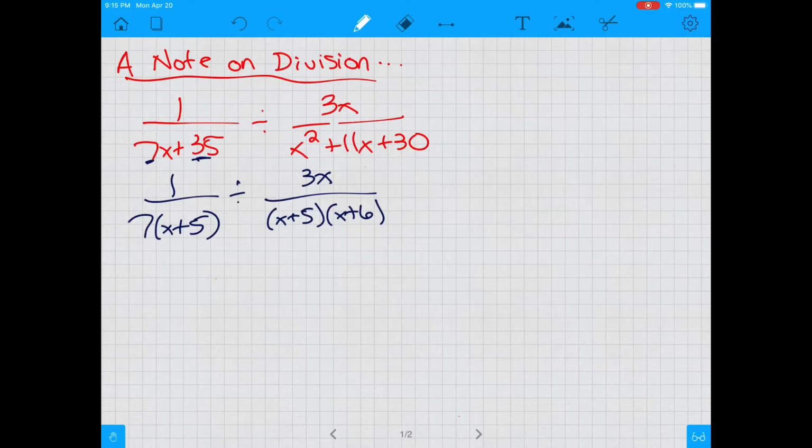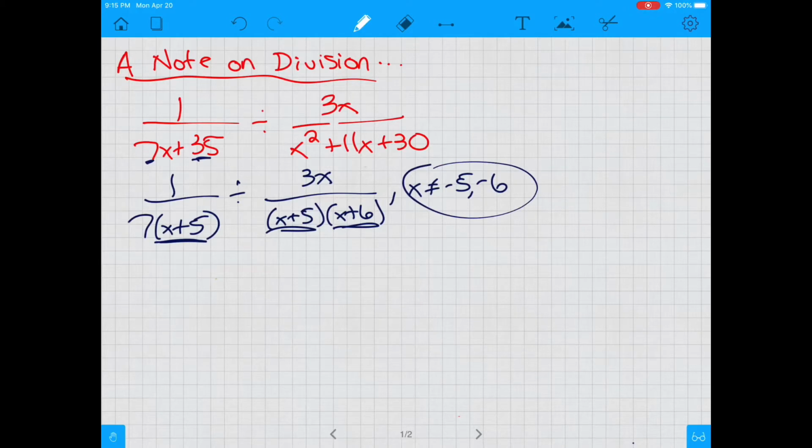Now, if I was going to do this the standard way and look for my excluded values, look at this denominator, I know x can't be negative 5. Look at this denominator, well, the negative 5 is already taken care of, so it can't be negative 6.